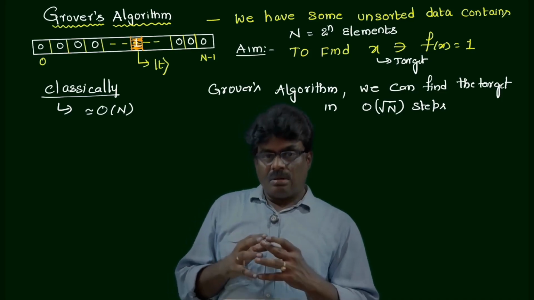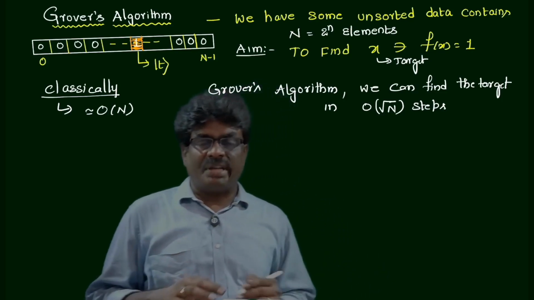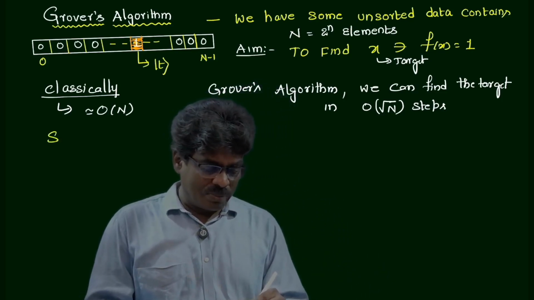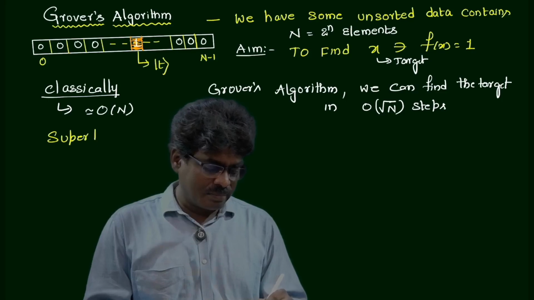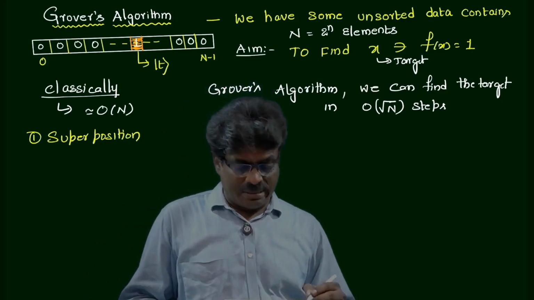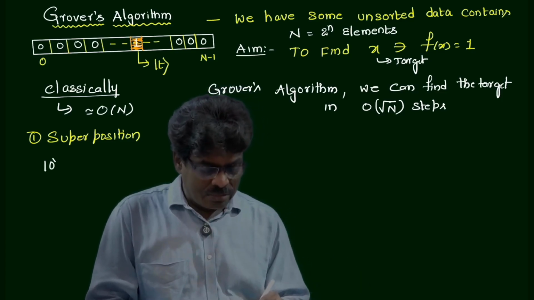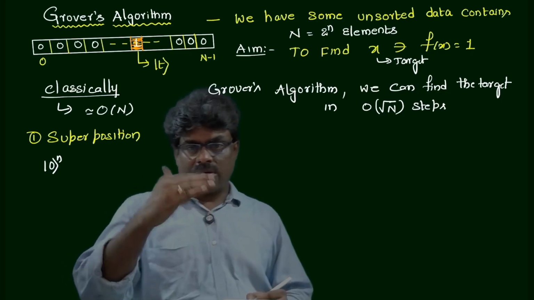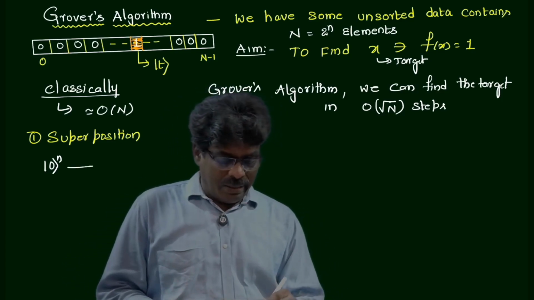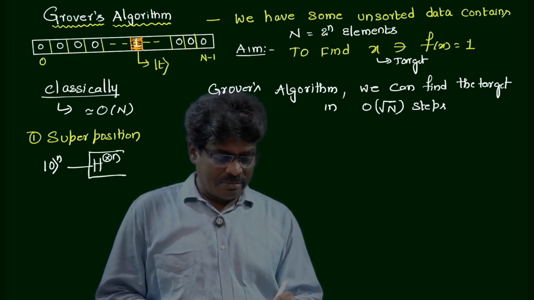So if you want to do this, first we have to create a superposition state. How to create this? With the help of Hadamard gates. Here we have, let us suppose, n number of qubits, and n number of Hadamard gates are operating on this.